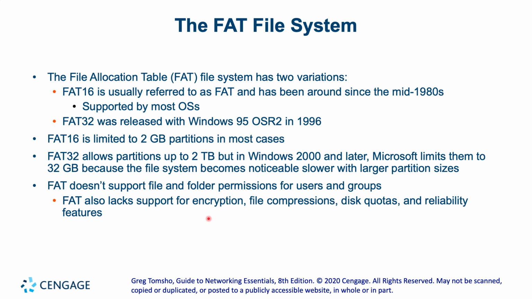So we typically don't use FAT32 either on our newer computers because our drives are just so big. Remember that the FAT file system does not support folder permissions. It also does not support encryption, compression like zip, disk quotas, or high availability or reliability features.